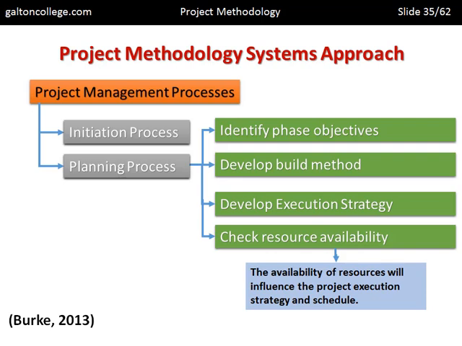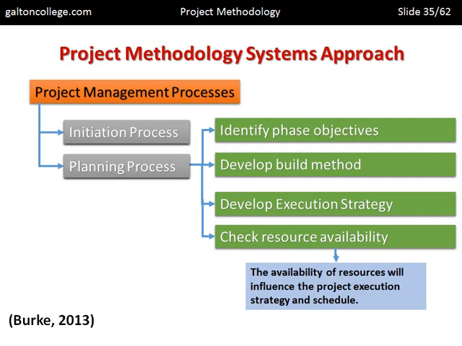So check resource availability. The availability of resources will influence the project's execution strategy and the schedule. If the resources are not available, or if there is high demand on the resources currently, so that this particular project may go to the back of the queue, then the project may not be a big success.